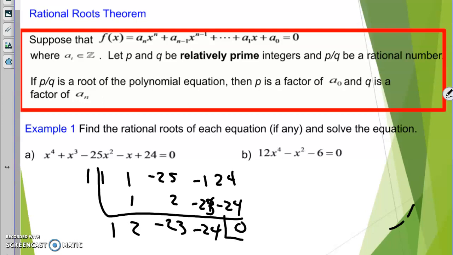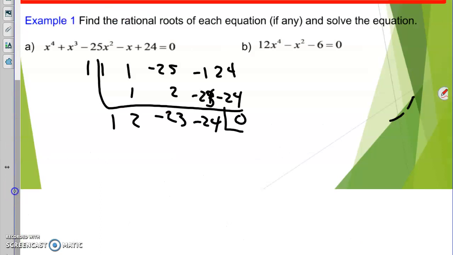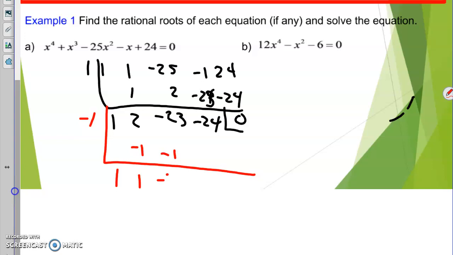And then if I want to give myself a little more room there, instead of rewriting it again, just like I did last time, I'm going to try negative 1 here. Multiply 1 by negative 1 gives me negative 1, add it together, negative 1, negative 24, add it together, I get 24.